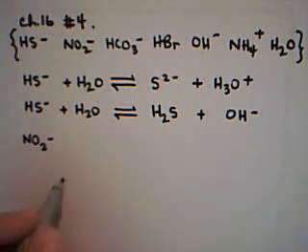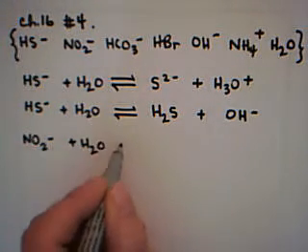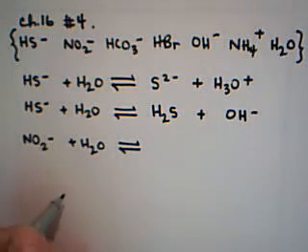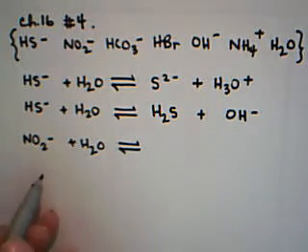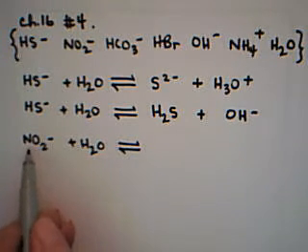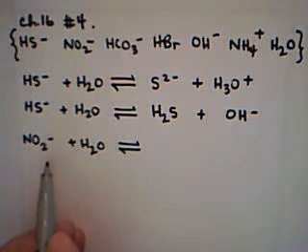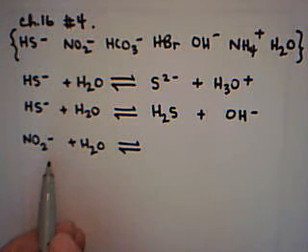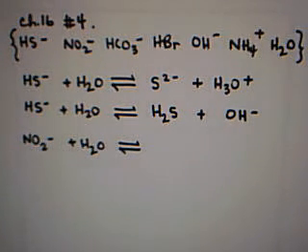So NO2 minus, let's put this in water. So it's very much like what we would do in the lab. We'd put it in water and test the pH. Now this does not have a proton on it to give, and so it's not going to behave as an acid, but it looks like it could be a proton acceptor for sure.